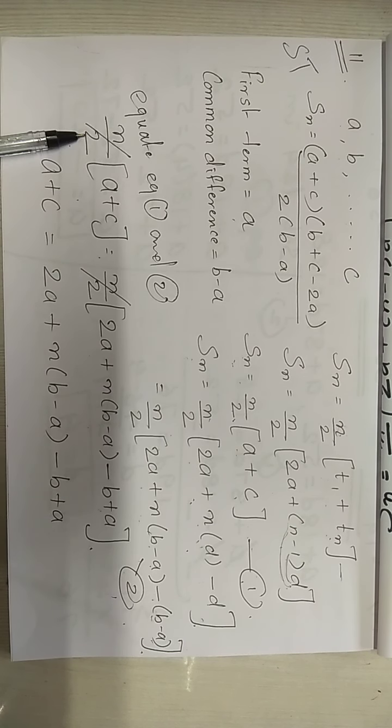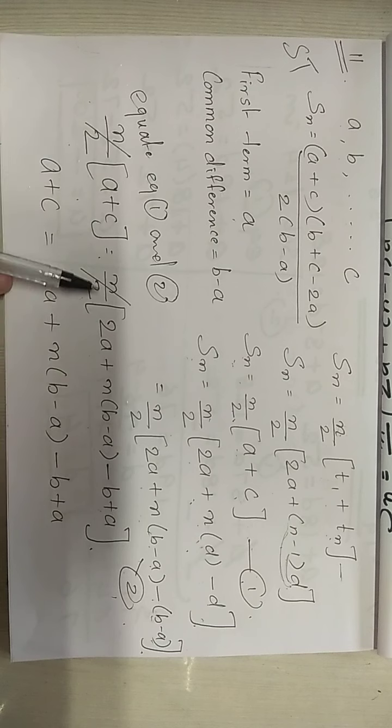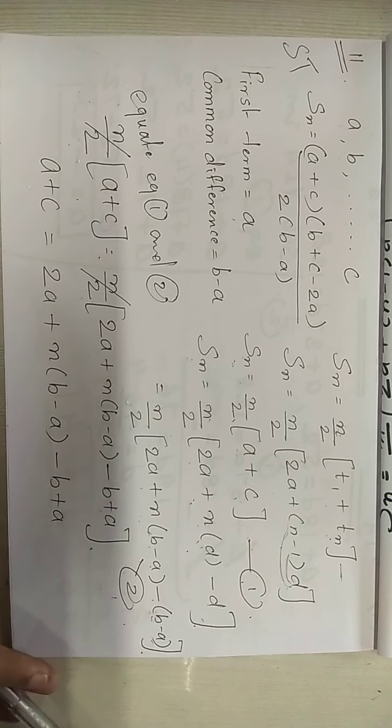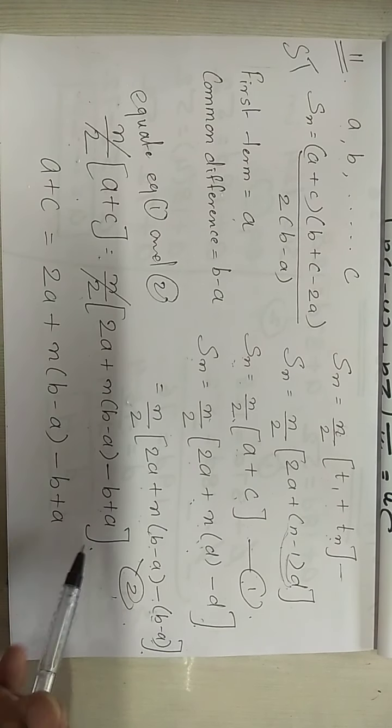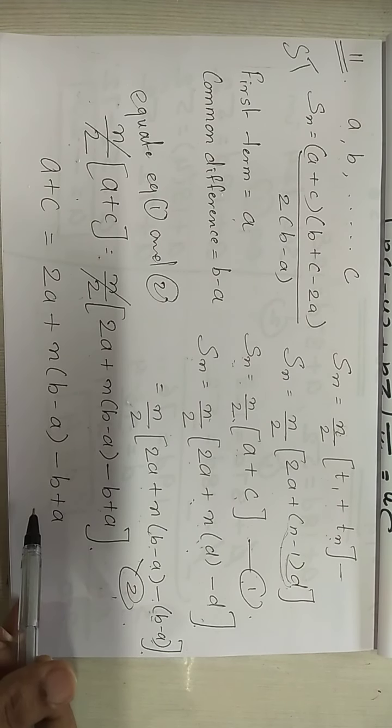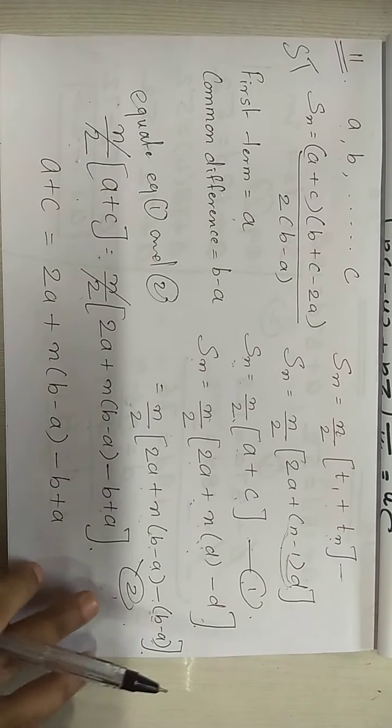When n goes over here, it will be divided and n will get cancelled. Similarly 2 also will get cancelled. So a plus c will be left, and here 2a plus n (b minus a) minus b plus a will be left. So we have this step. Understood till here? Now we'll go ahead with the remaining proof.